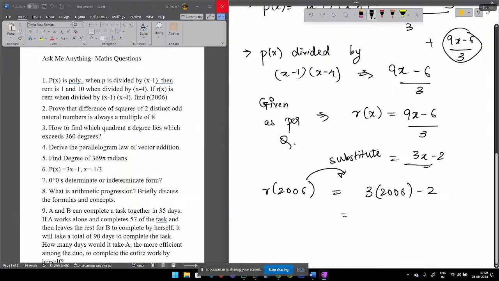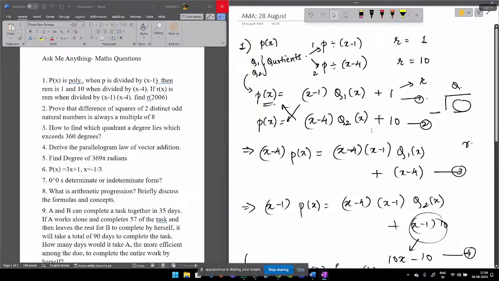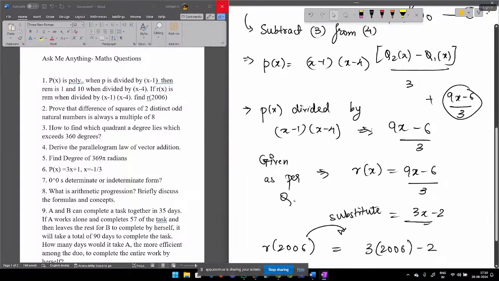Basic math calculation, the answer would be 6018 minus 2, which is 6016. All right, clear till here? Okay, so I hope the first question is clear to everyone and the solution is understood. All right, let's move to the next question.